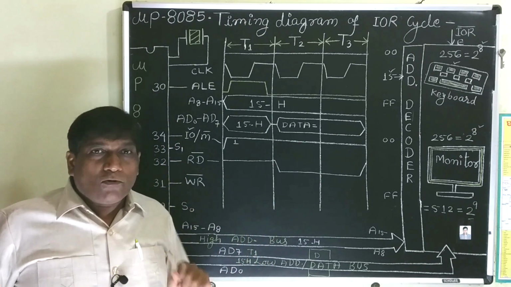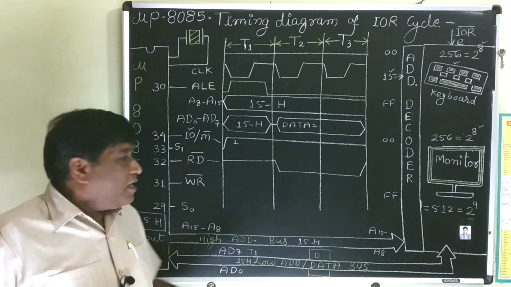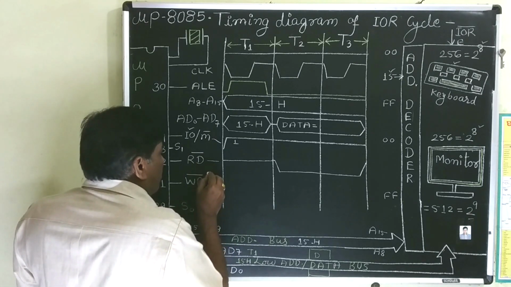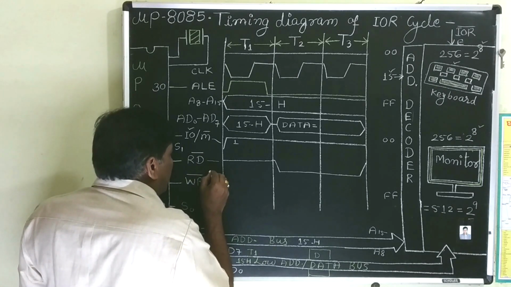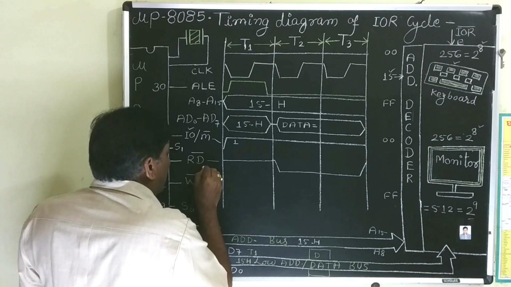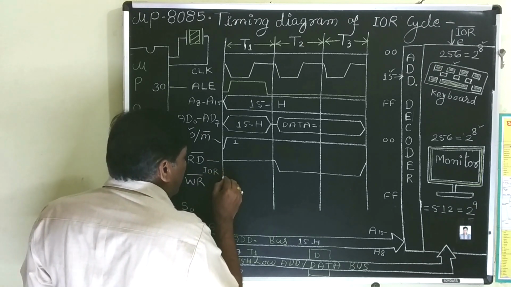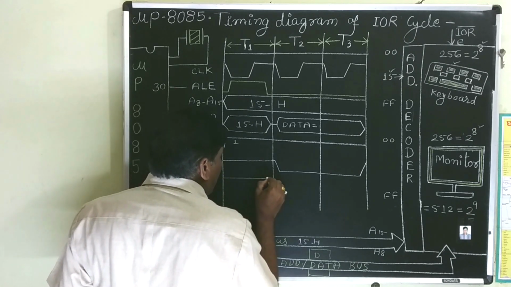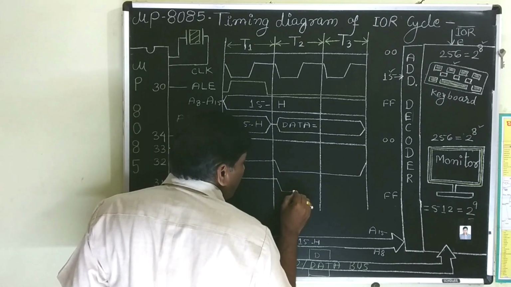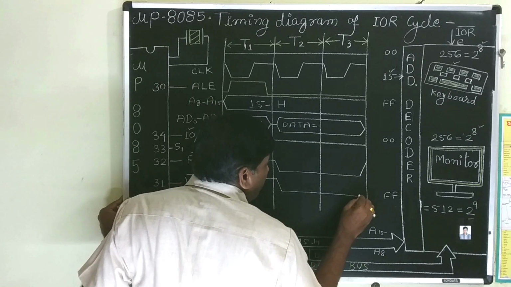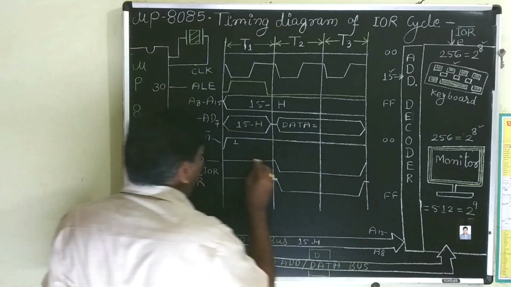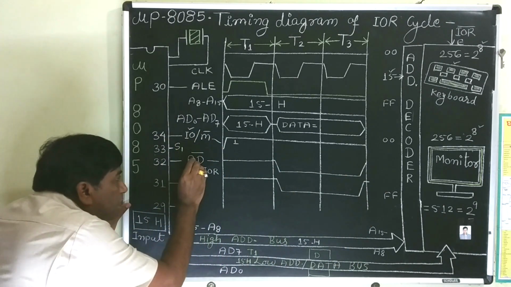And when this IO bar and read bar combinedly are given to the hardware for generating the control signals, which we have already studied, the signal which is generated is the IO read signal. This IO read signal will also be activated because it is generated from IO bar and read bar.